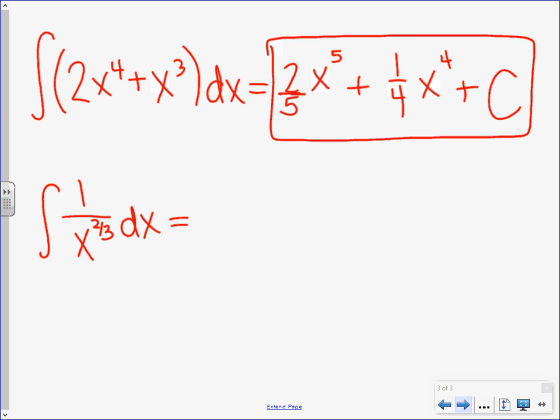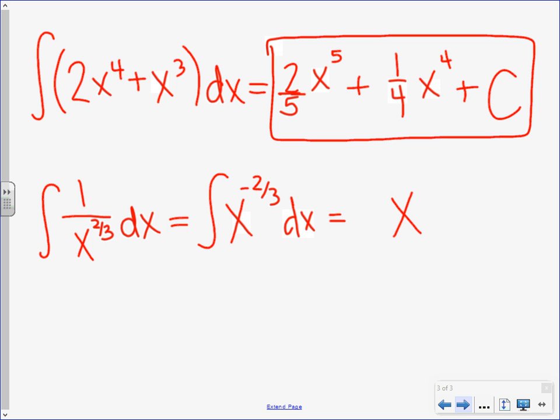All right. Can we take the antiderivative right now for that second example? It would be a good idea to rewrite it so that we have x to a power before using the antiderivative power rule. So we have x.